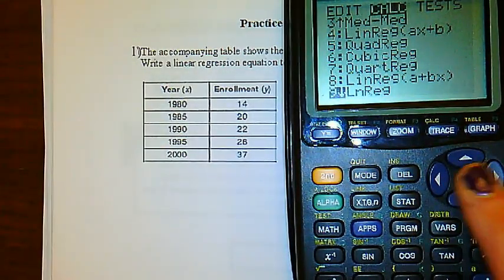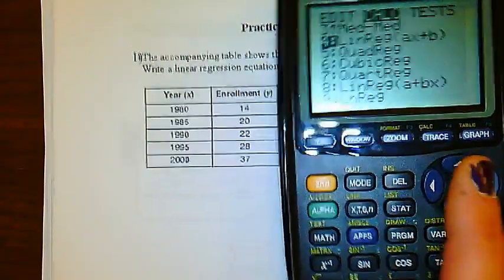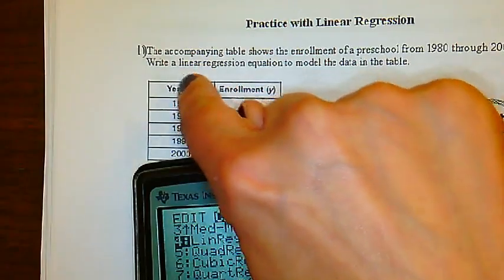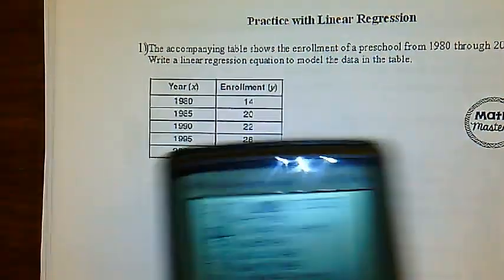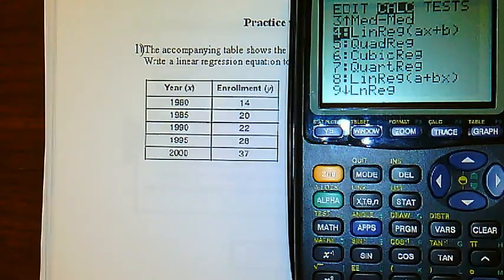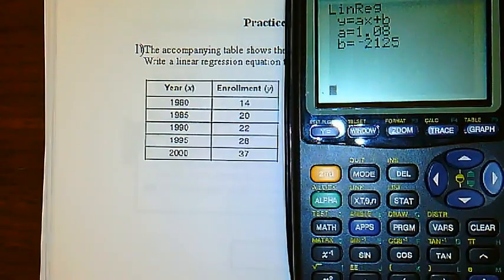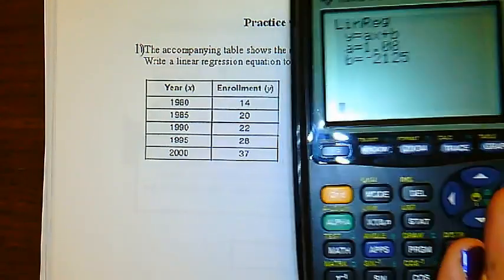So again, we're going to go to number 4, because that's linear regression. And notice that it literally says that in the direction, linear regression. It tells you what you want. So whenever you see that word, underline it or do something so you know. Okay, now you're going to go over it and press enter. It comes up. And press enter again, and it gives you all your data. So this is literally all you need.